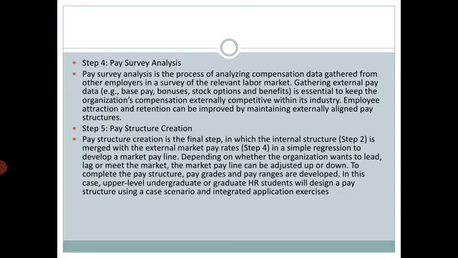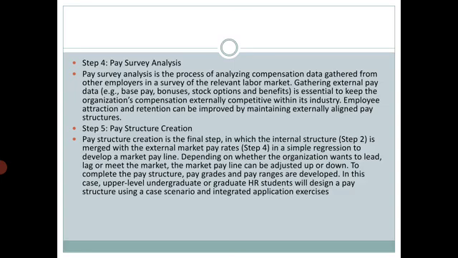Depending on whether the organization wants to lead, lag, or meet the market, the pay line can be adjusted up or down. To complete the pay structure, pay grades and pay ranges are developed.